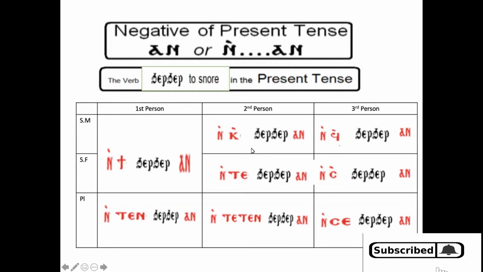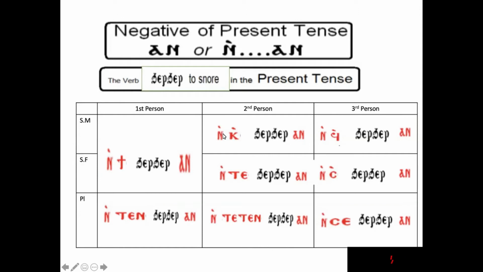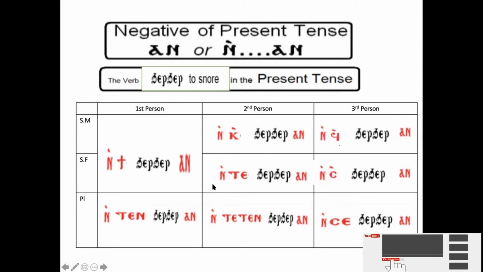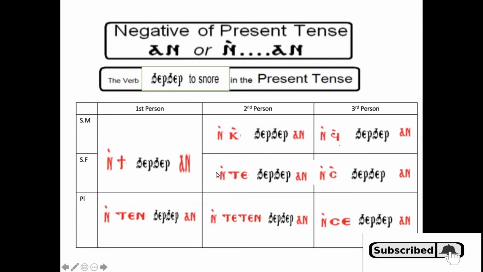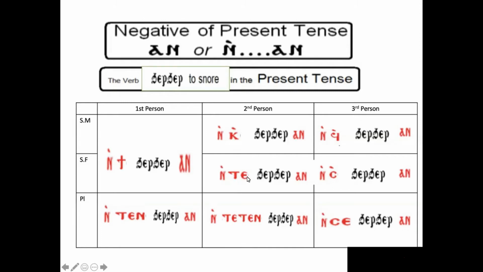If you're talking to a singular masculine and you're saying you do not snore, in, ik, khair, on. If you're talking to a singular feminine and you're saying you do not snore, you're saying in, te, khair, on.